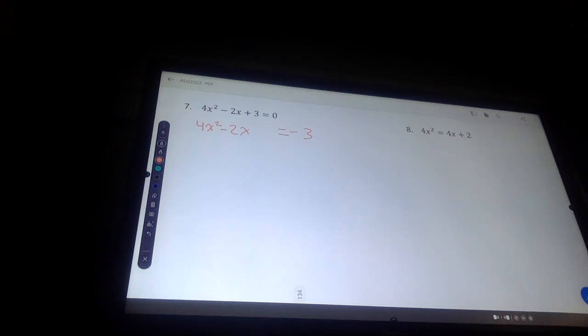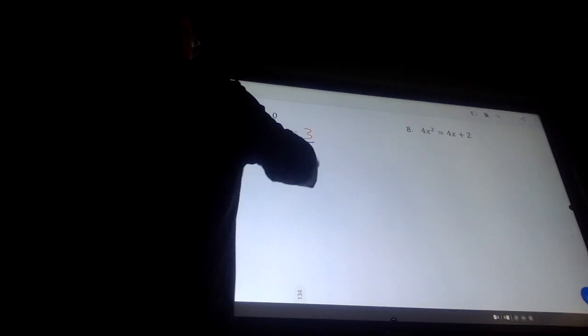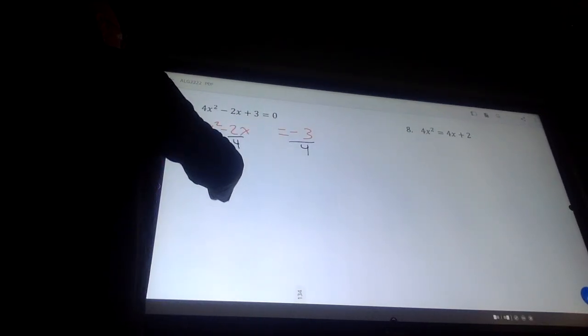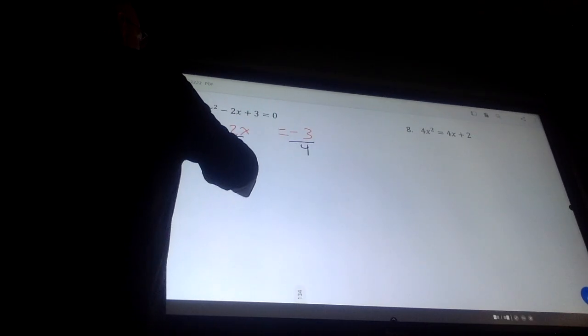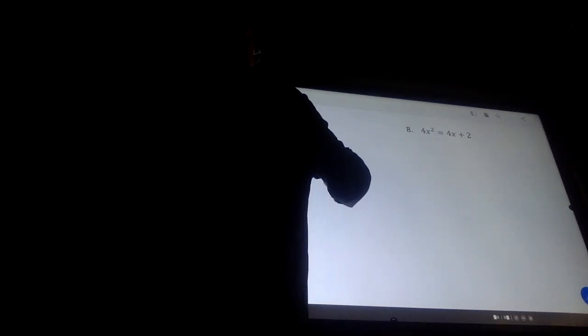Agree with that so far? My x squared has a 4 in front of it, so I'm going to divide everything by 4. Don't fear the fractions, please. Those cancel, so I get x squared minus 1 over 2x equals negative 3 over 4. Do you agree with that?